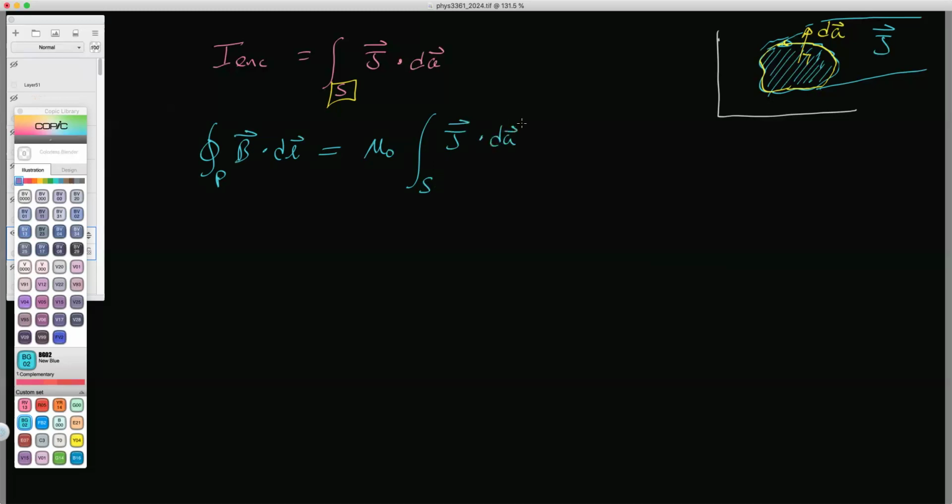So these two things are bound up because this surface S is bounded by this curve. S is the surface bounded by curve P. And it's a closed curve, so it can bound a surface.